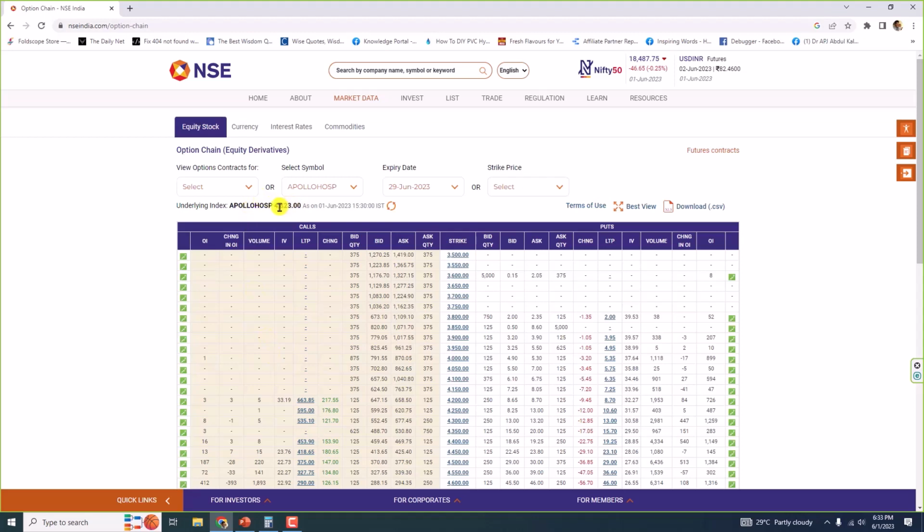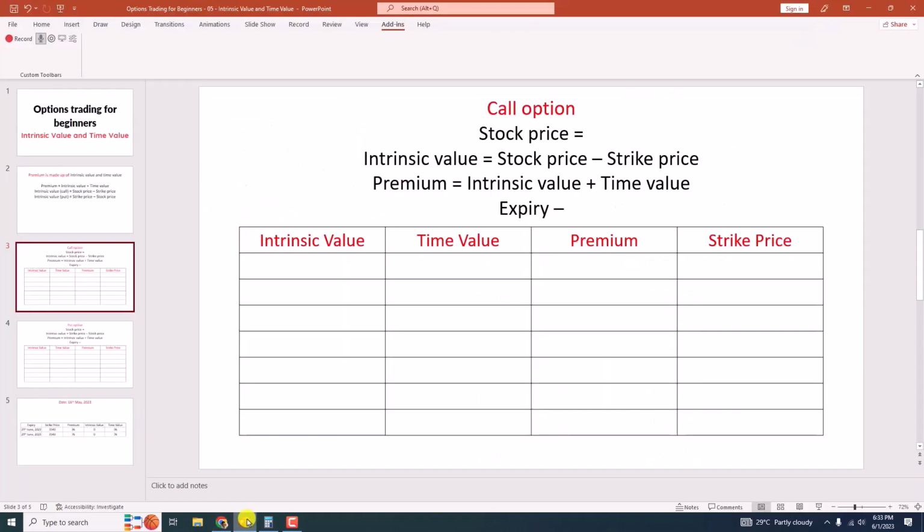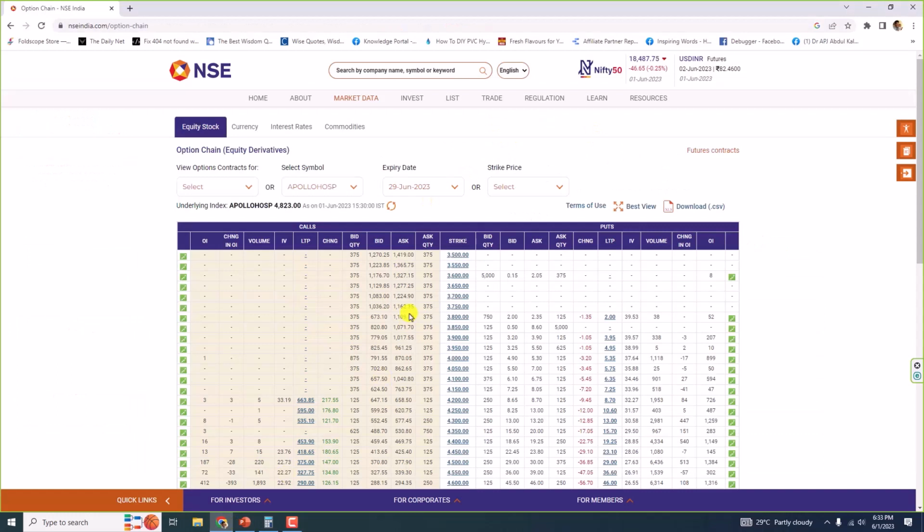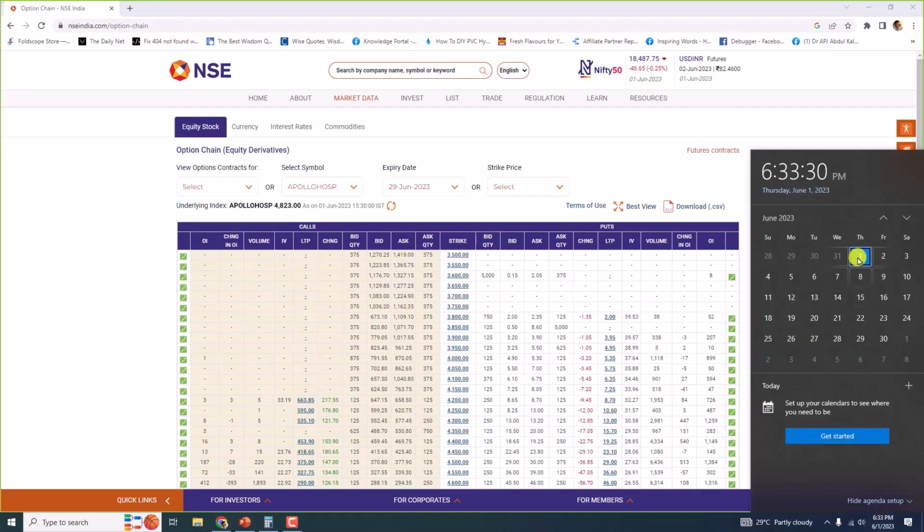Okay. So let me copy 4823 into stock price. Now this is the stock price. Next. Today is June 1st. The expiry of the stock options will be on the last Thursday of the month.